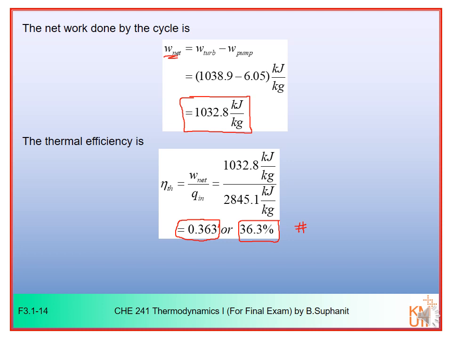You can see that the calculation of the Rankine cycle involves the use of the steam table, so you have to be very clear about how to use the steam table in order to solve these problems effectively.